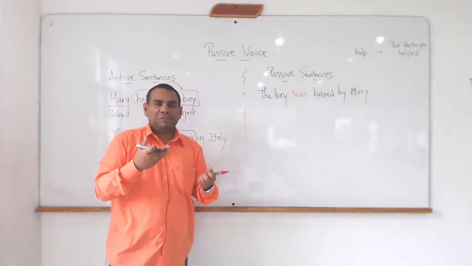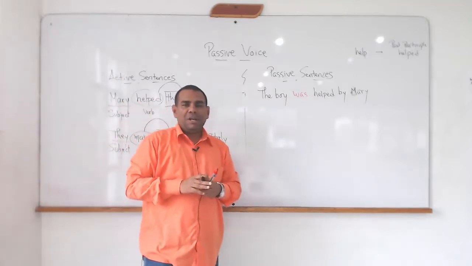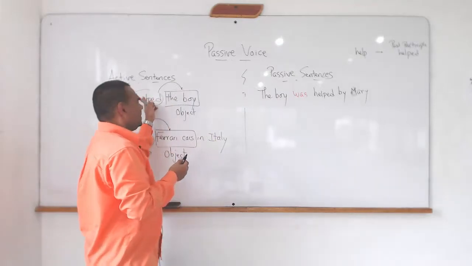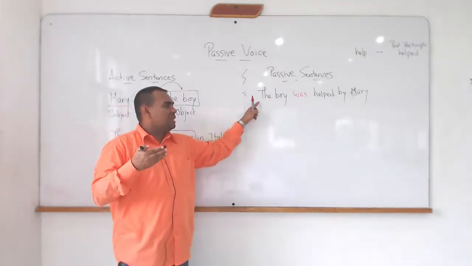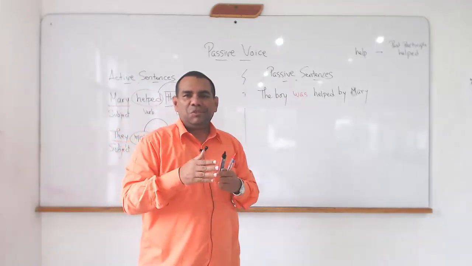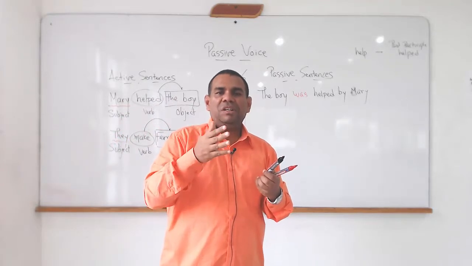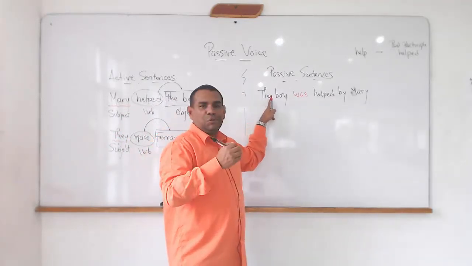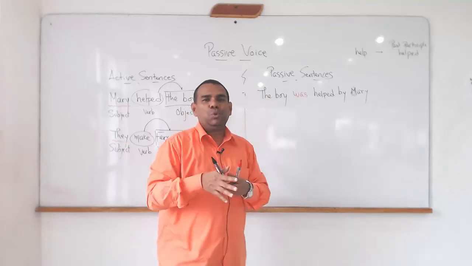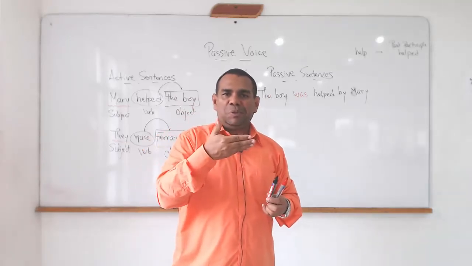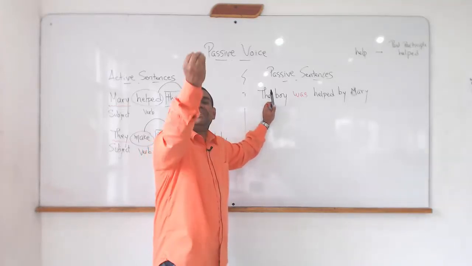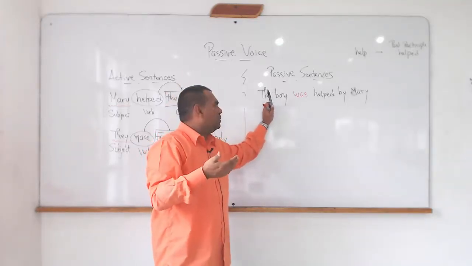And this is a passive sentence. So what is going to determine the difference between an active sentence and a passive sentence? The existence of a subject which is not doing the action. This is a subject that doesn't carry out the action, but a subject which receives the action mentioned by the verb.